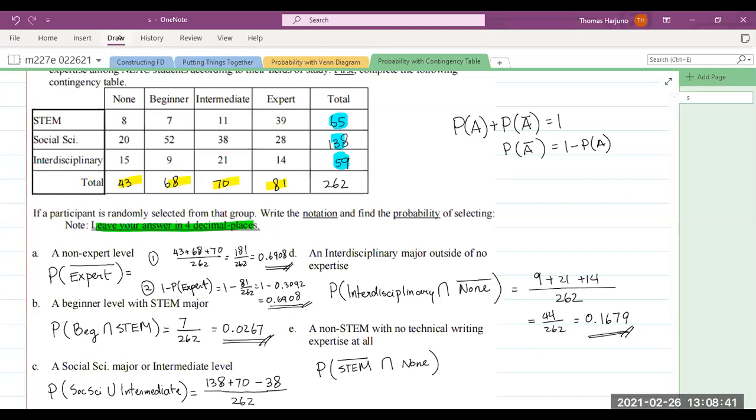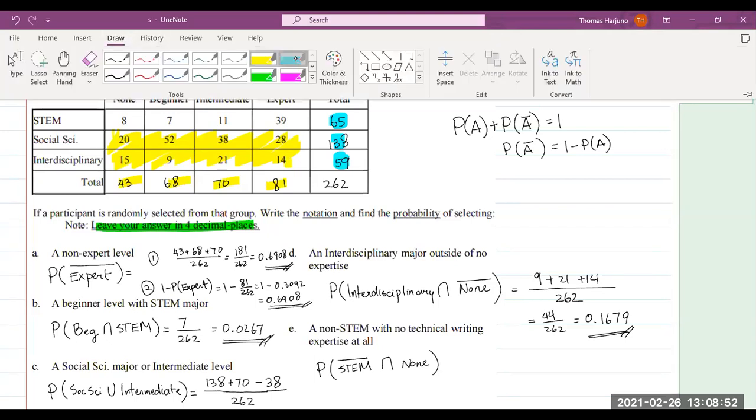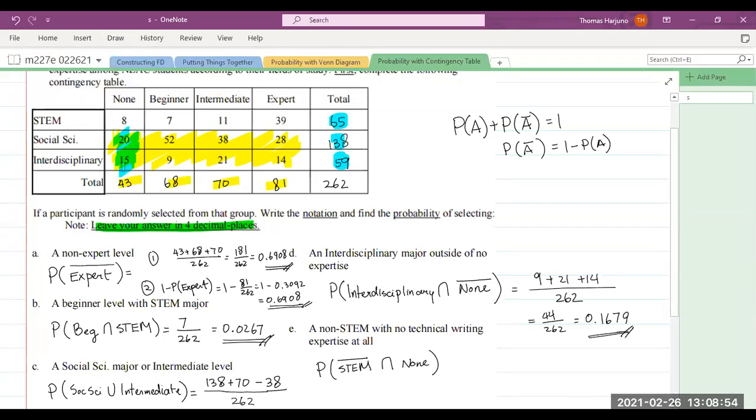Outside of STEM refers to this group here. This is outside of STEM. But that person needs to have no technical expertise. Because it is an and, then you take the one double shaded. In this case, it will be 20 plus 15 over 262.